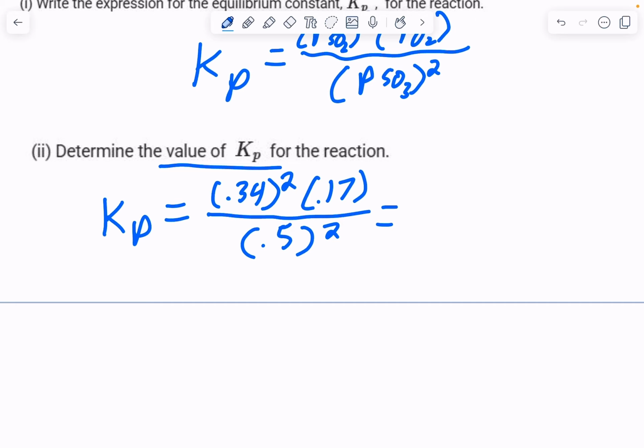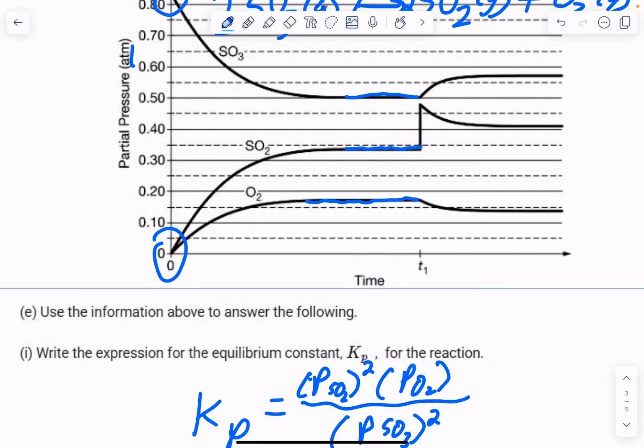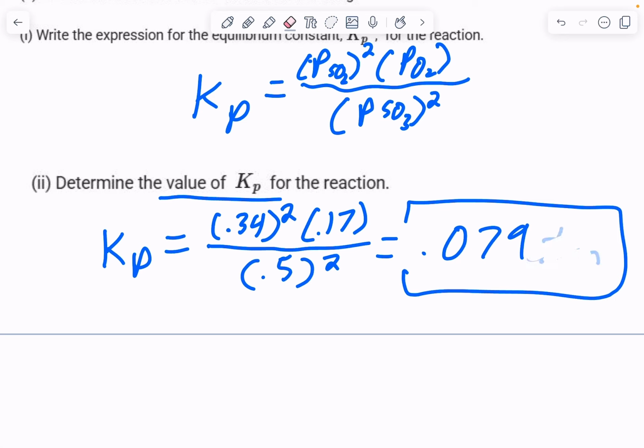So let me get my calculator out. 0.34 squared times 0.17 divided by 0.5 squared. And I get a Kp value of approximately 0.079. In this case, it looks like the units are in atmospheres, so that would be 0.079. Oh, actually, sorry, I lied. This is a Kp value, there's no unit. So it's 0.079 as the Kp, and that's how you would solve that one.